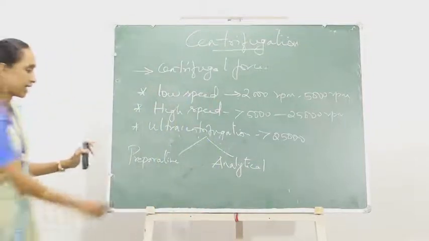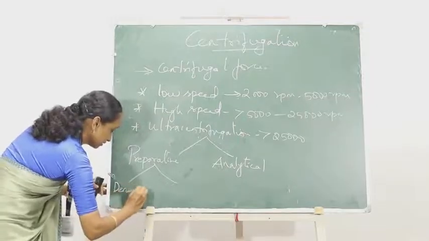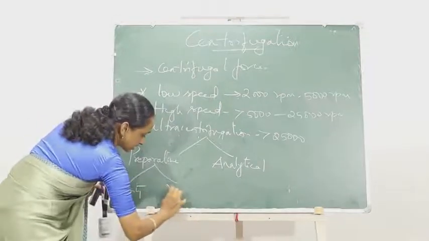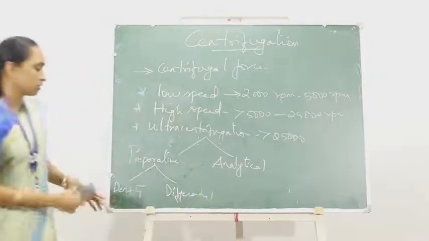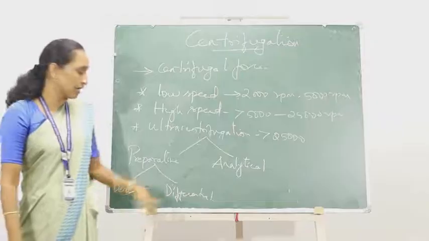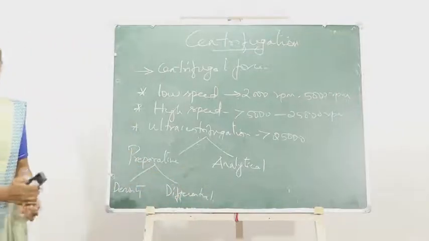Preparative is again classified into two types: density gradient and differential centrifugation. Now we will see what density gradient and differential centrifugation are, and also what analytical centrifugation is.